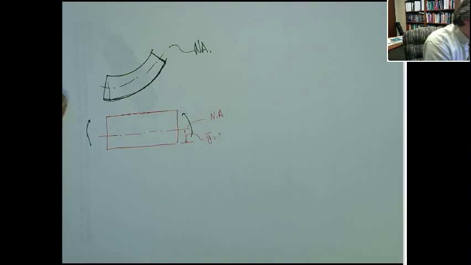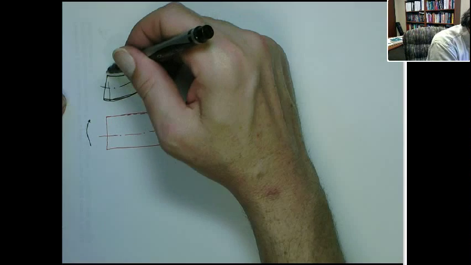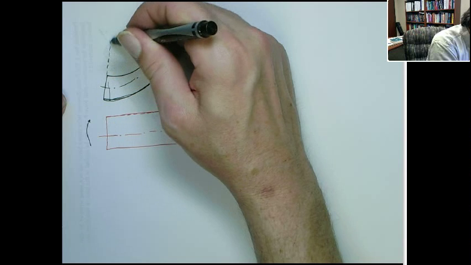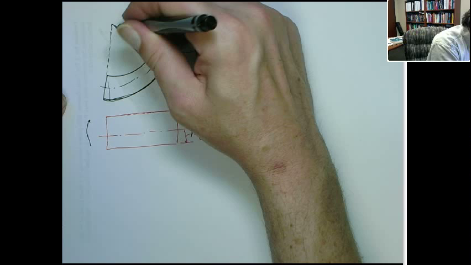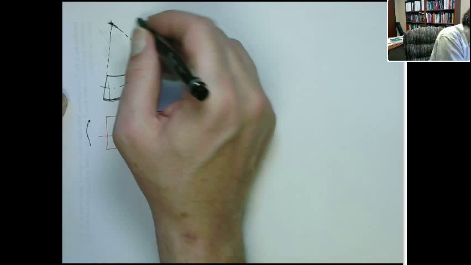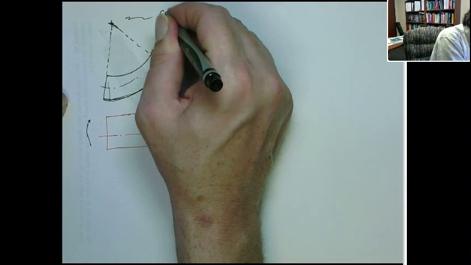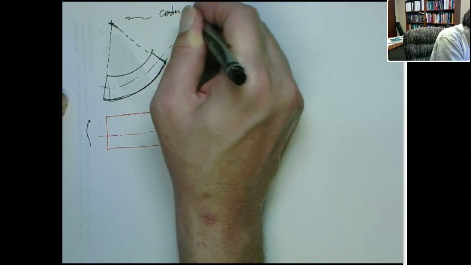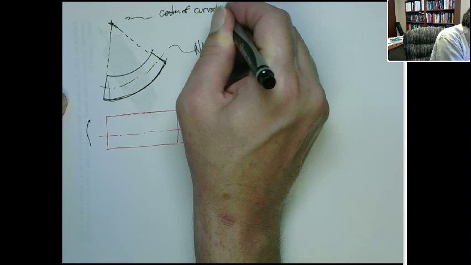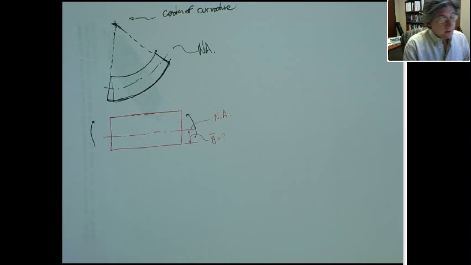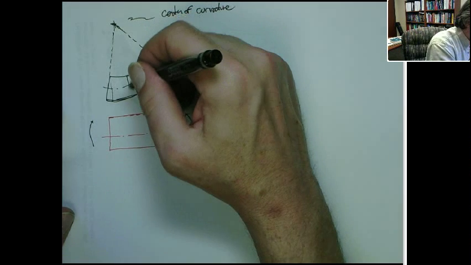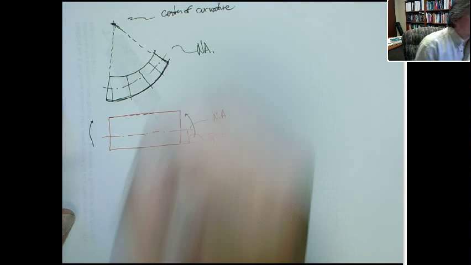So if we look at this, I can take these edges converge to some point, the center of curvature. All right, so that's the point where if I draw it, all these intersections intersect there.